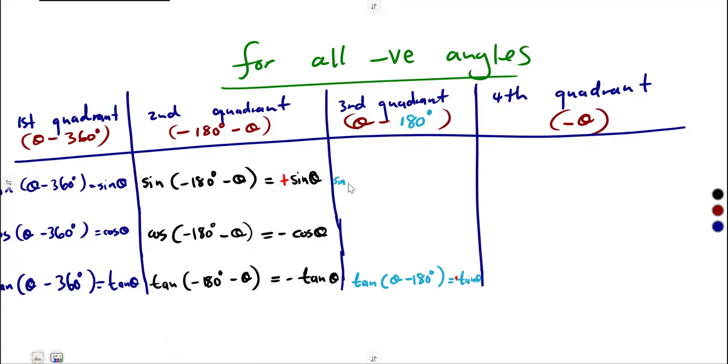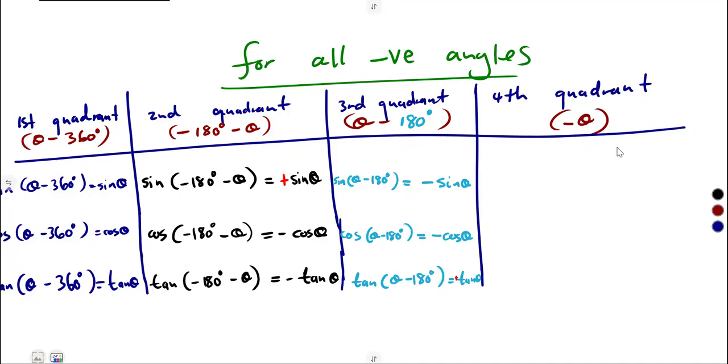The sine of theta minus 180 degrees must be negative, that's not the quadrant for sine. Same with the cos, it's not its quadrant, it's not ruling there, so it must be negative.